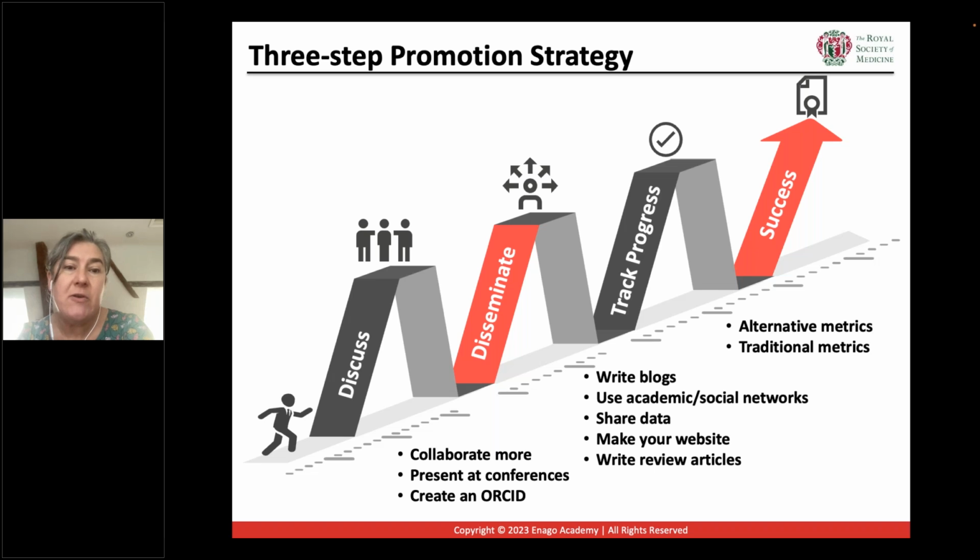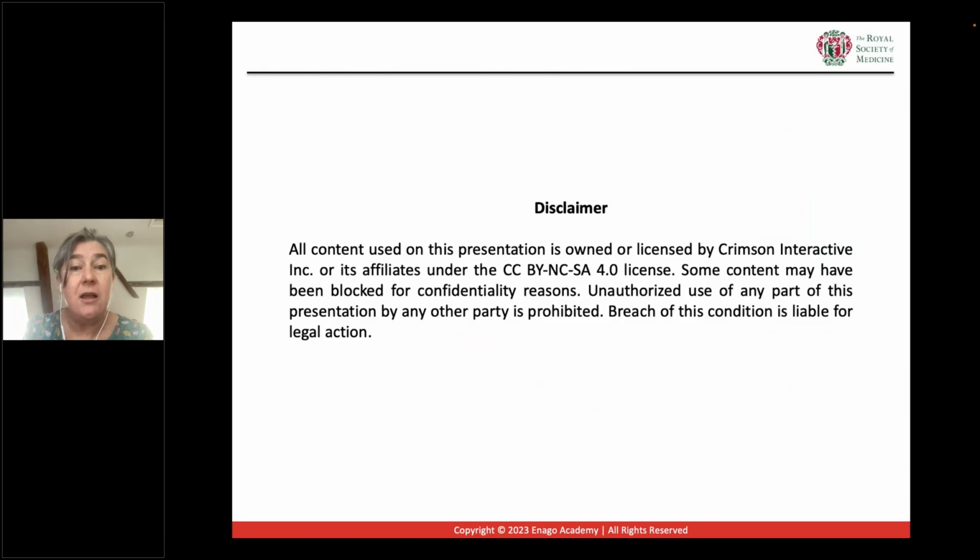And then track your progress. Use the tools to analyze what it is you've done, see if you need to adjust, see how you're tracking against other people in your field, and then adjust and repeat, and good luck.